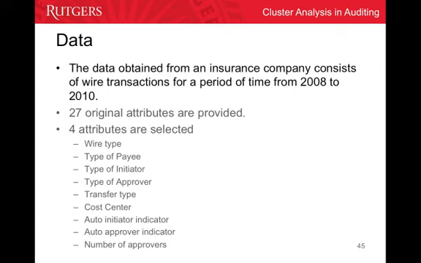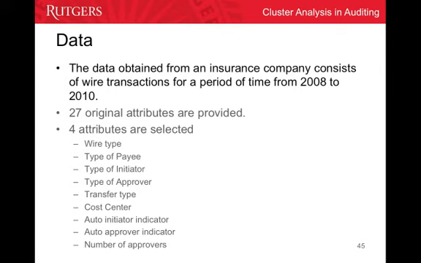The type of initiator is identified by the number of wire transfers he or she initiates during the period. And the fourth one is the type of approver, meaning the individual who approves the wire transfer. Also, the type of approver is identified by the number of wire transfers he or she approves throughout the period.